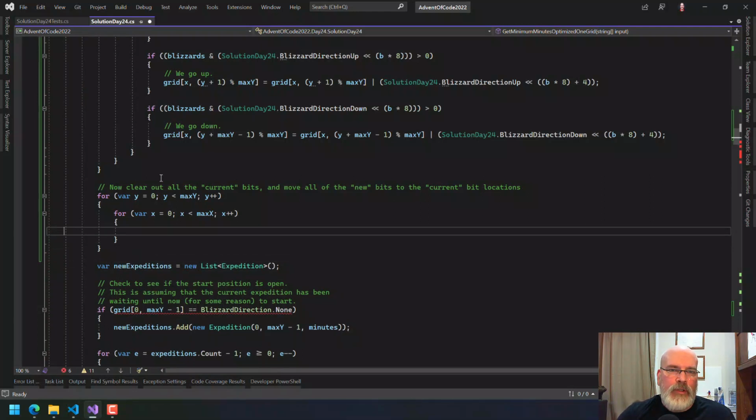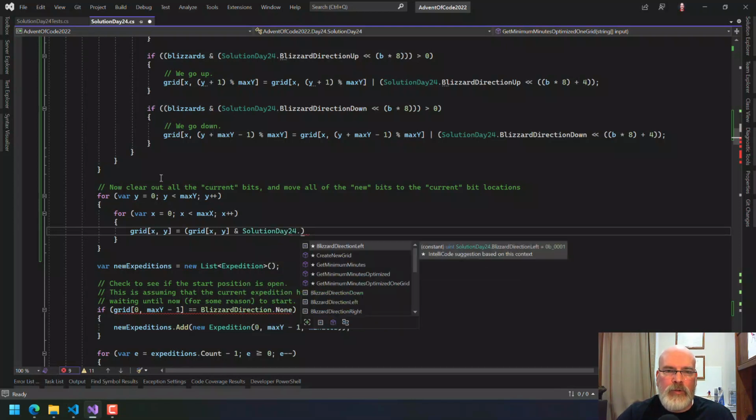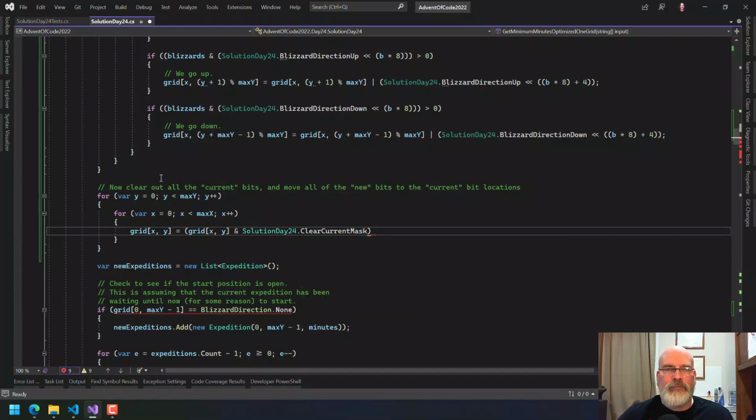And this is going to be grid of X and Y is going to be equal to grid of X and Y bit masked with SD24 dot, well, you have to expand all that out. Come on. 24. Current. Where's the bit mask thing? Clear current mask.